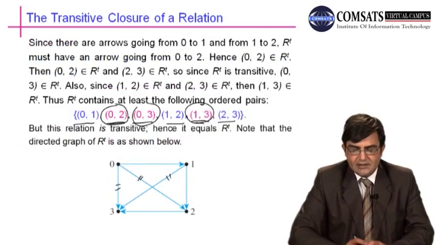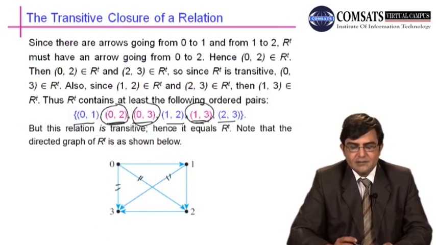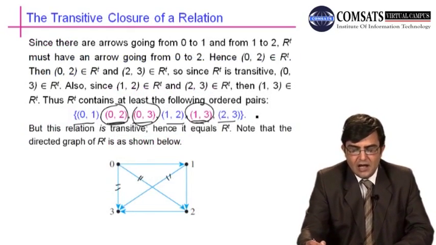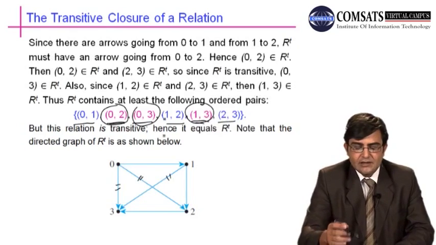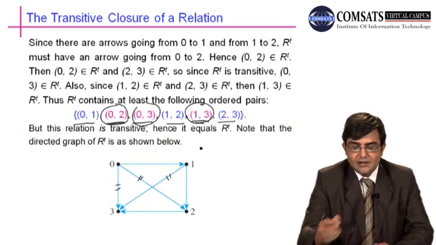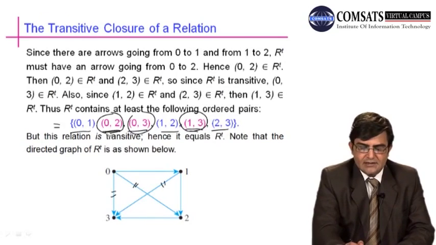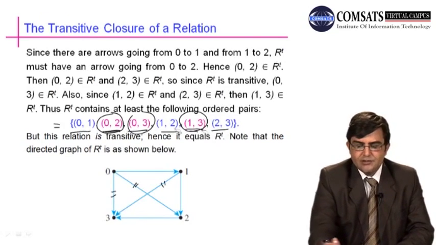So these are basically the least number of ordered pairs which we must add to the given relation R to make the new relation transitive. We must add these three ordered pairs 0, 2, 0, 3 and 1, 3.